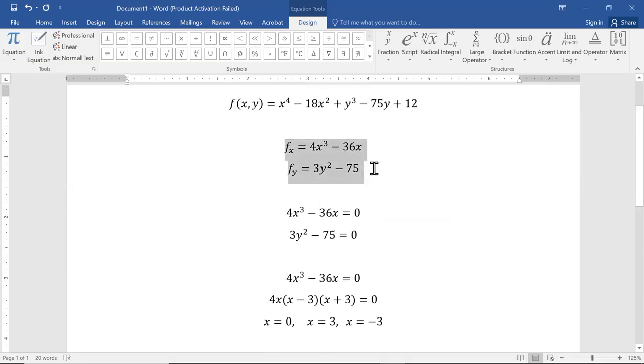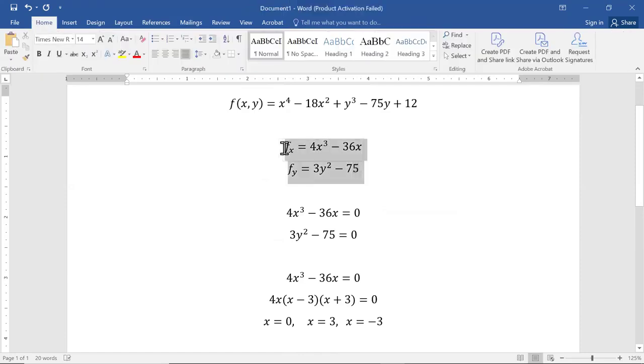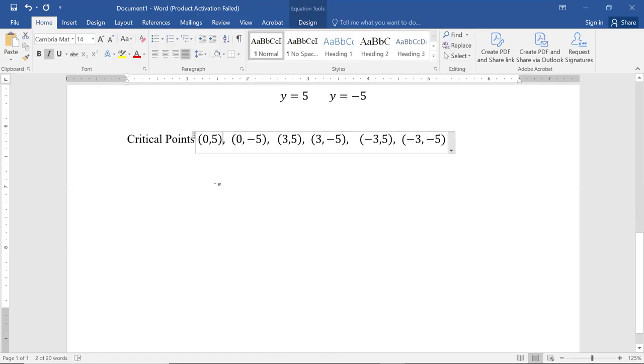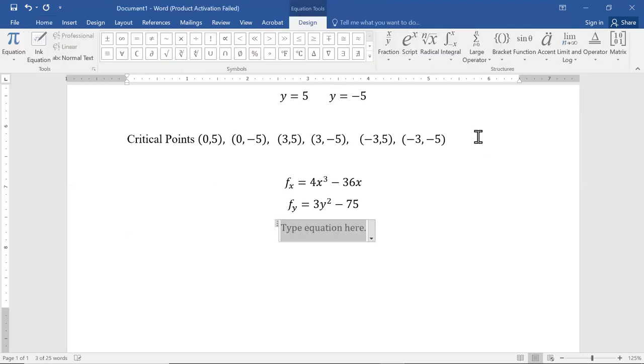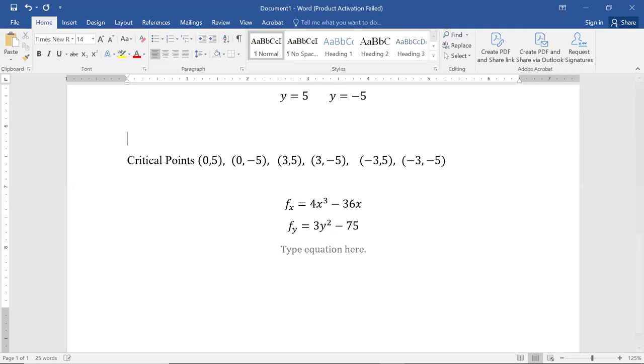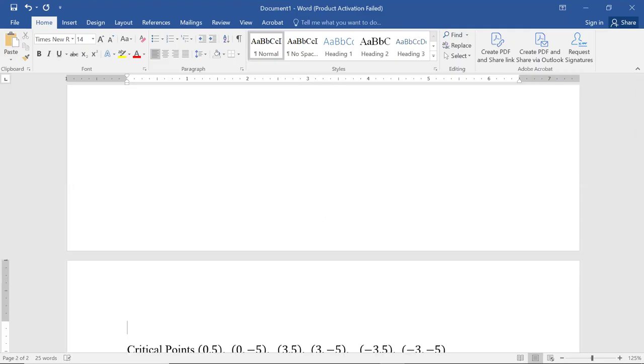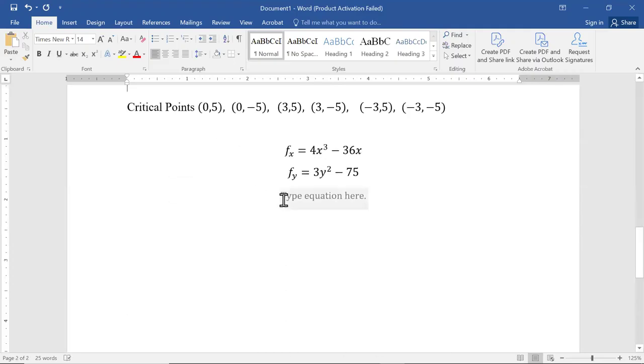Now let's go ahead and do a second derivative test. Now we're going to have to do it for every single one of those points, but that's okay. So I'm going to get a different slate so it's a little bit easier.